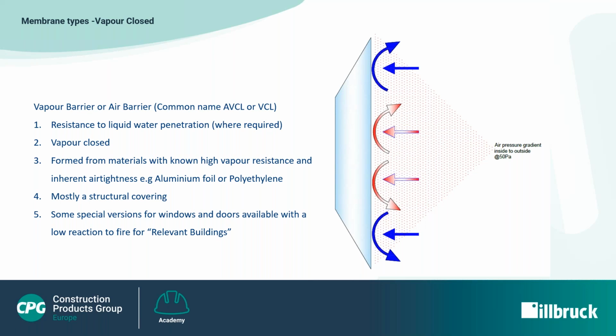Illbruck also offers another product in the category of vapour closed membrane, ME480BB, a highly vapour-tight membrane that is completely airtight and resistant to driving rain. ME480 is used as an alternative window and door perimeter sealing membrane that has a Class B S1D0 reaction to fire.